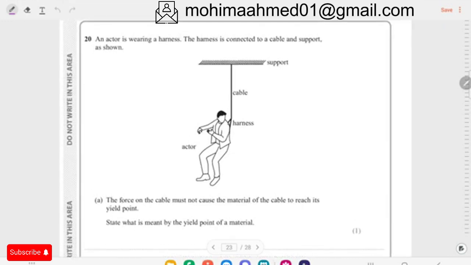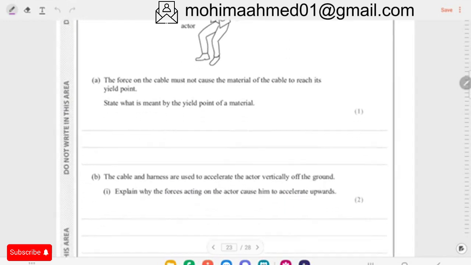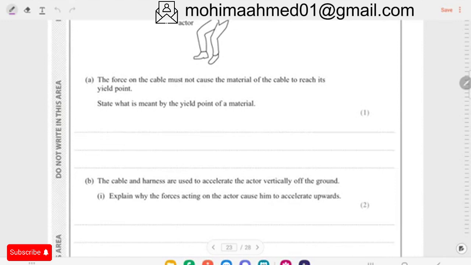Over here it says that an actor is wearing a harness. The harness is connected to a cable and support as shown. The force on the cable must not cause the material of the cable to reach its yield point. We need to state what is meant by the term yield point of a material. This is the strain value beyond which the object undergoes large plastic deformation, right?